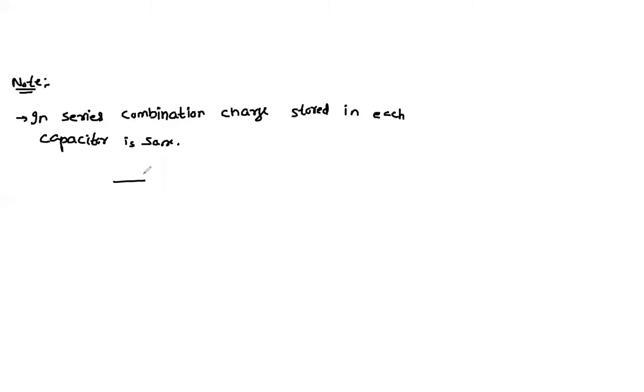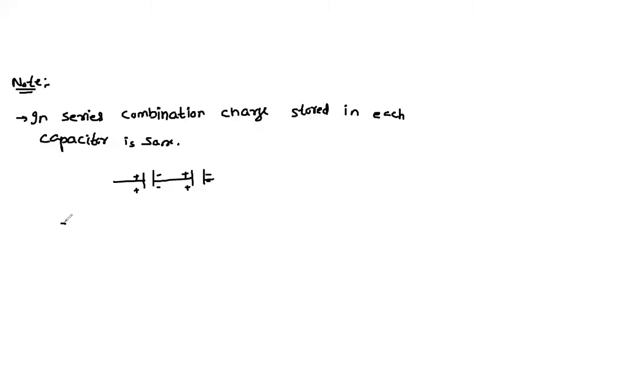And just one more thing, if two capacitors are in series, then say this is the positive plate, this one is negative plate, this is positive plate, and this is negative plate. So in series combination, negative plate of one capacitor is connected to the positive of another.